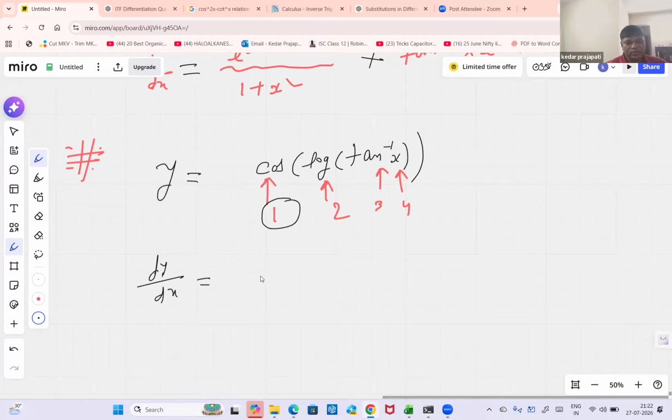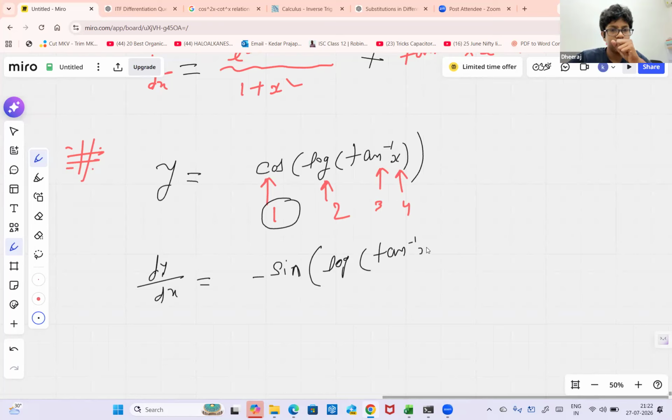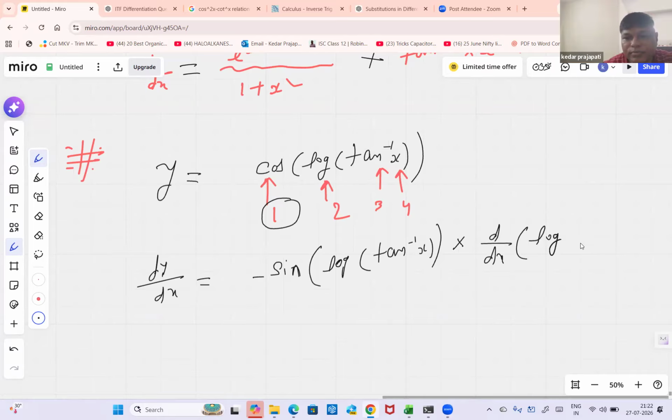So this will become minus sine of log tan inverse x into d by dx of log tan inverse x.